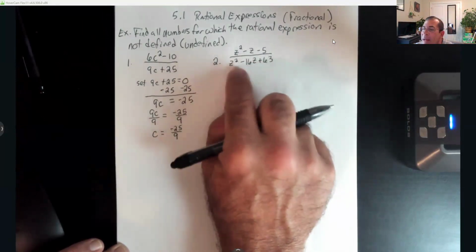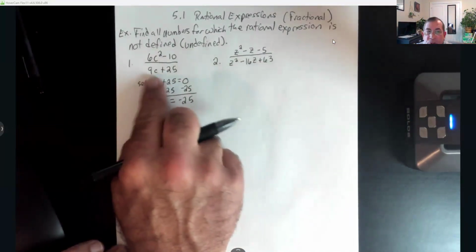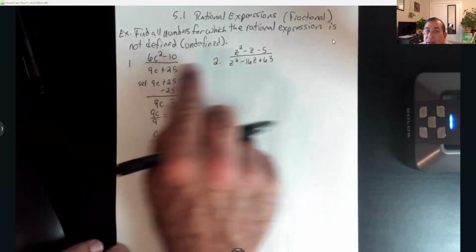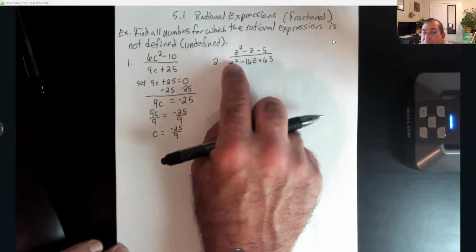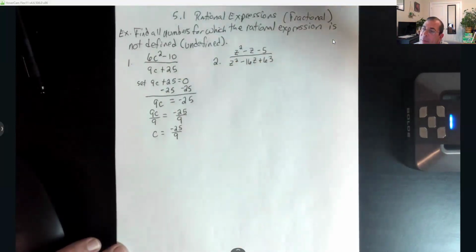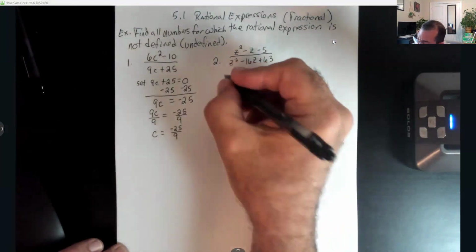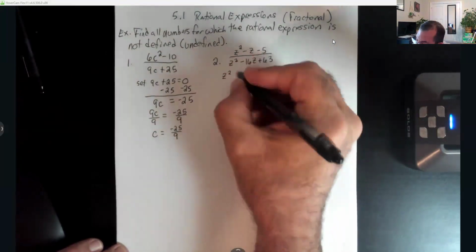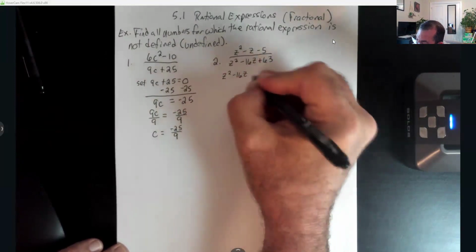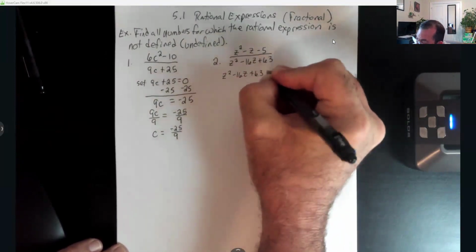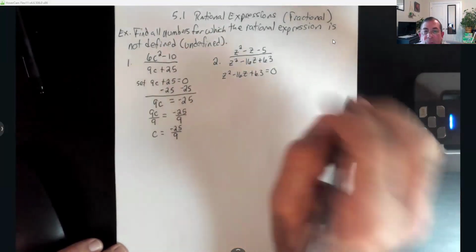We didn't have quadratic stuff on the bottom. We had things that looked like this first fraction had. So since we got a z squared here, that means there's going to be two numbers that make that equal 0 under there. So we're going to have to find both of them, okay? So set the z squared minus 16z plus 63 equal to 0.